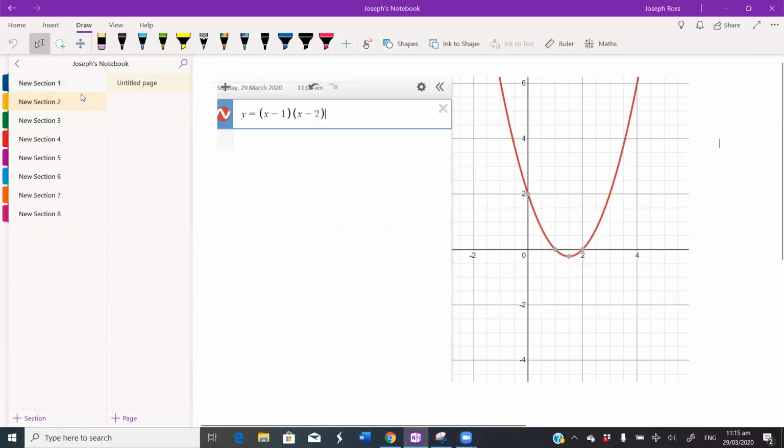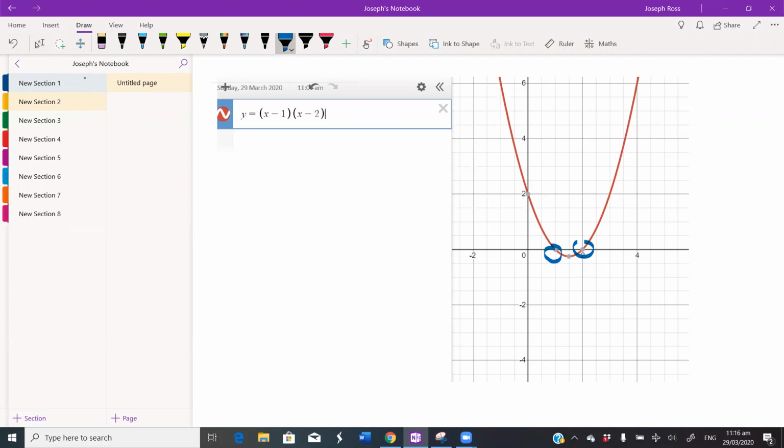So here we see the parabola associated with the graph of y equals (x minus 1)(x minus 2). And you can see here that there are two x-intercepts, which are 1 and 2. So this is just a follow-on from the quadratic mini lecture.